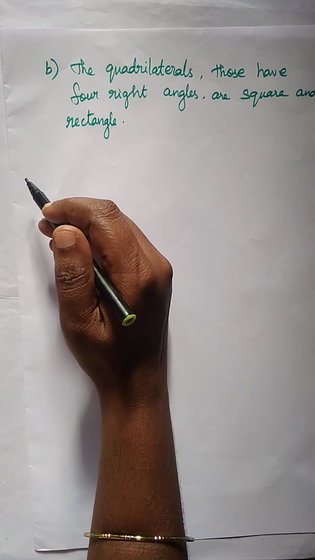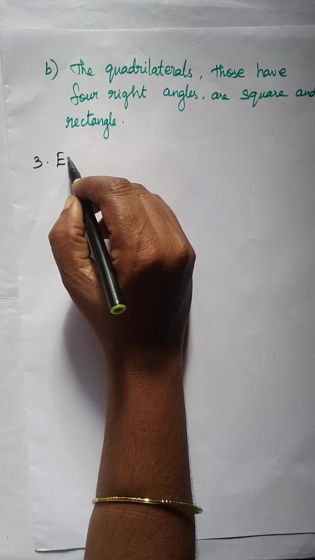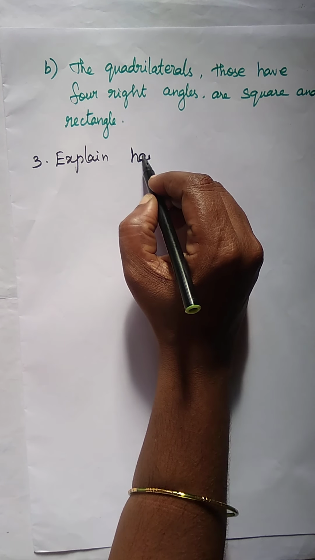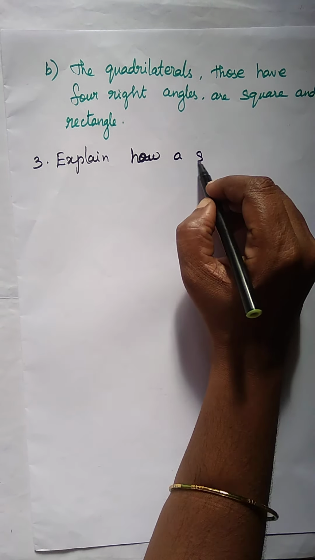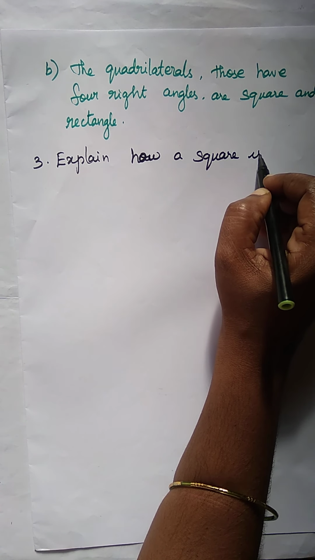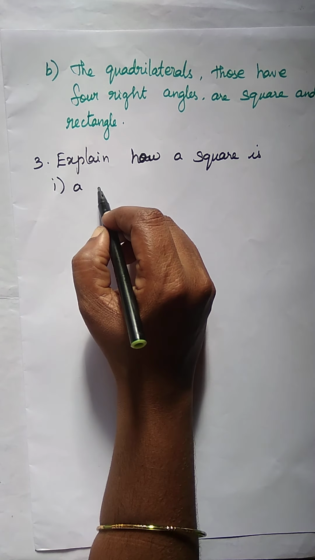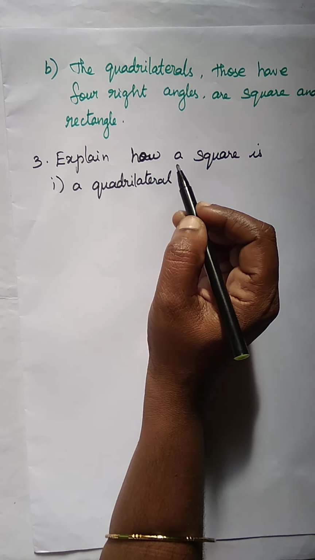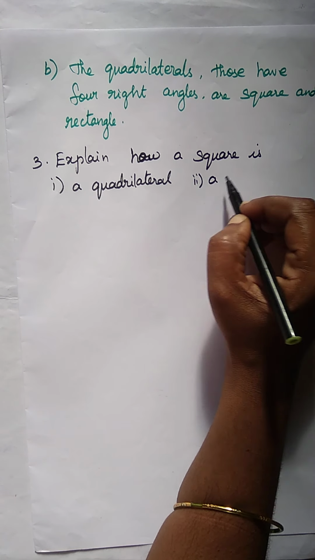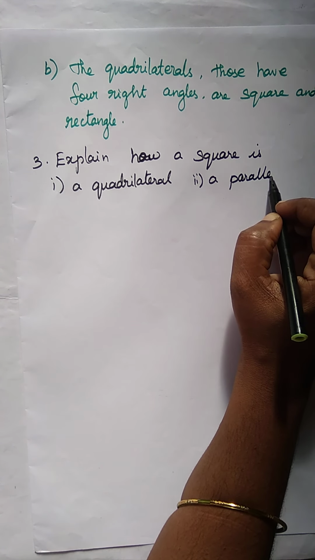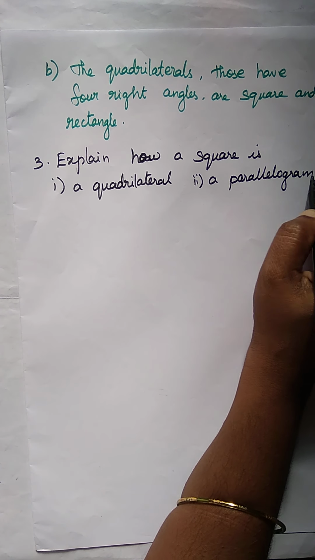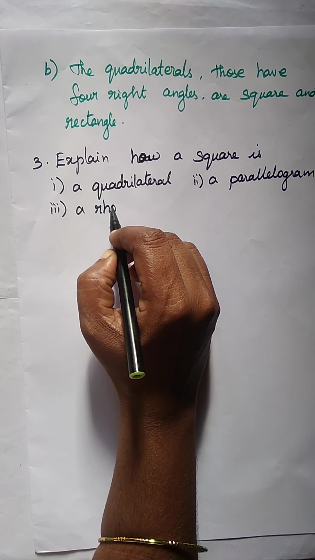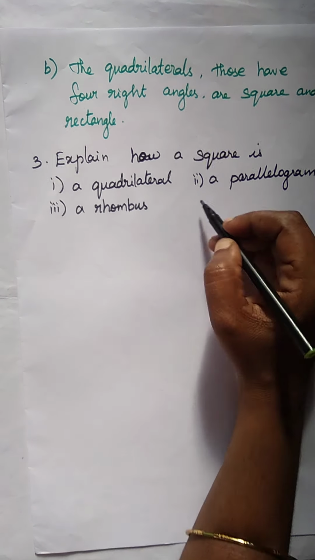Explain how a square is a quadrilateral, a parallelogram, a rhombus, and a rectangle.